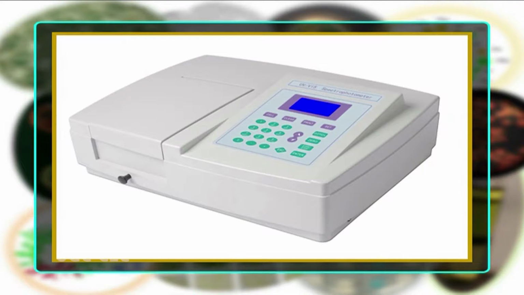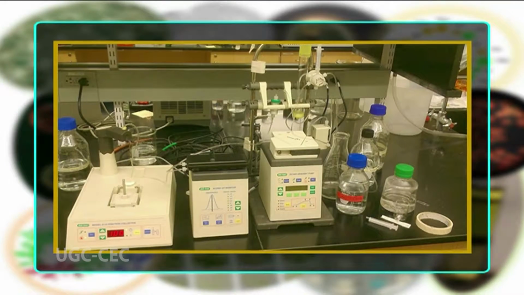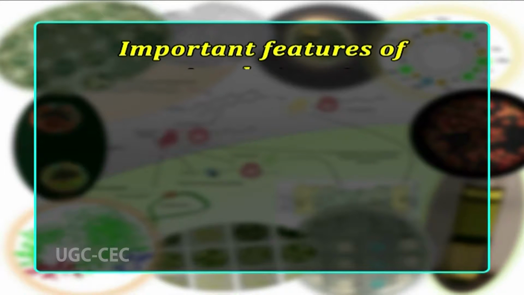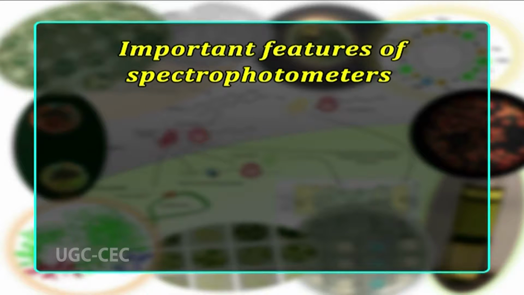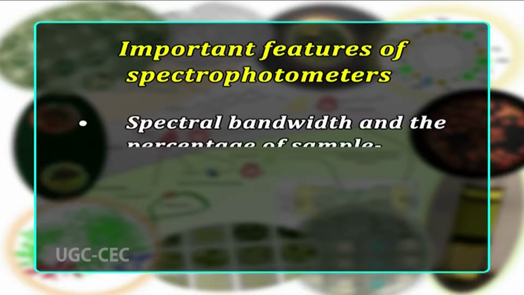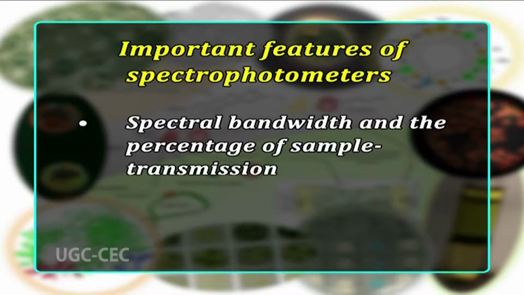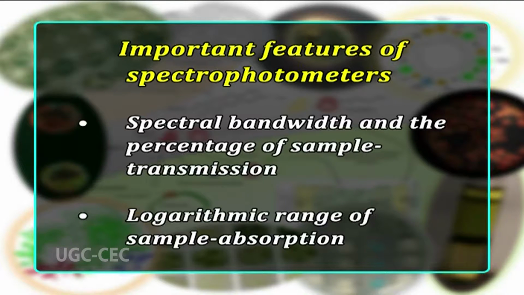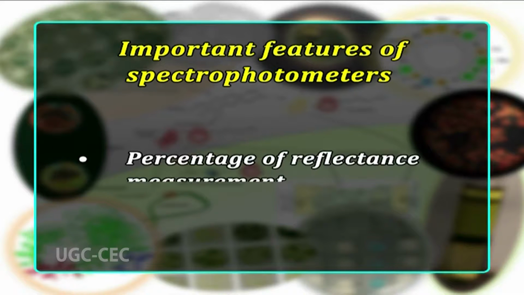The instrument operates by passing a beam of light through a sample and measuring the intensity of light reaching a detector. Important features of spectrophotometers are spectral bandwidth, percentage of sample transmission, the logarithmic range of sample absorption, and sometimes a percentage of reflectance measurement.